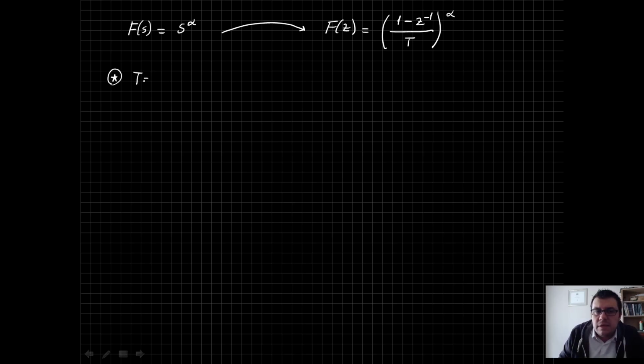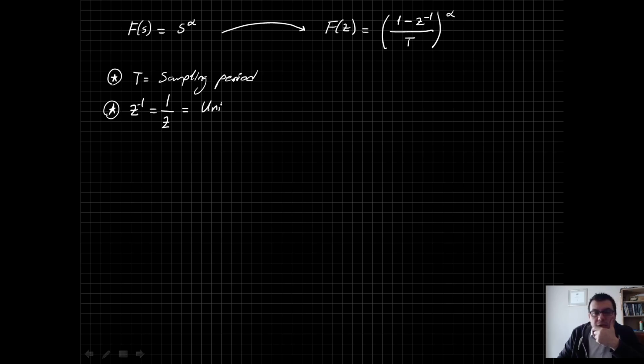This T is nothing but the sampling period. So it's the time required between two consecutive implementation steps. And z to the minus 1, that's 1 over z, operator is standing for unit step delay. So it means wait one step and then act in the next step.